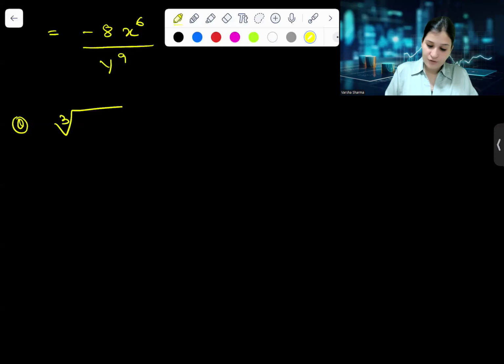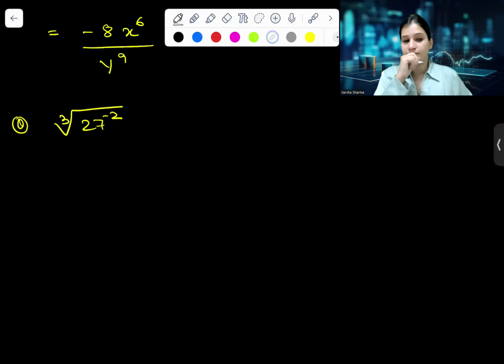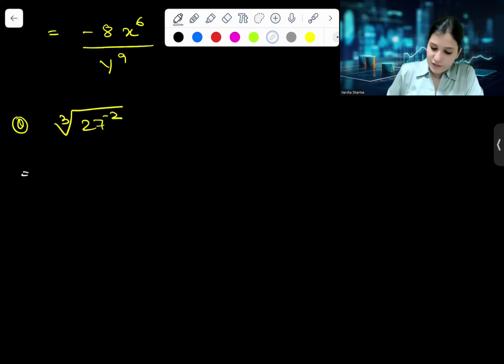Question. Cube root 27 power -2. Ma'am, 1 by 9. Very good. First, let us remove the root over.